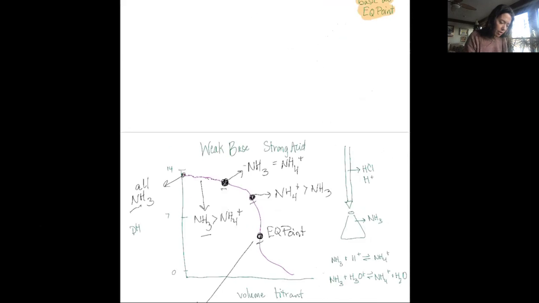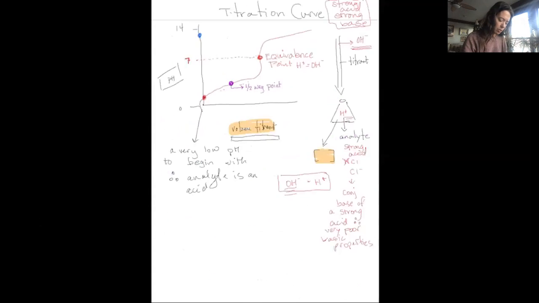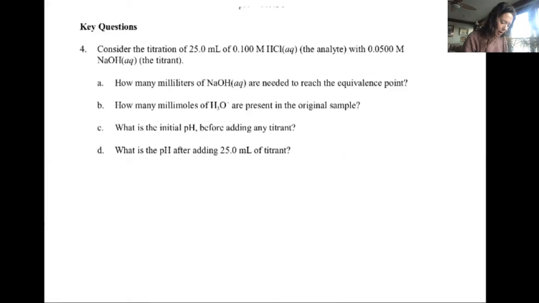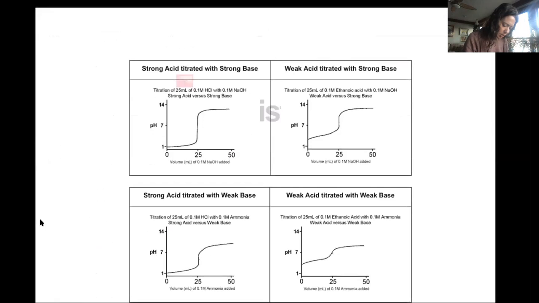So if the titration curve shows a pH at the equivalence point that is less than 7, then we know our situation must be a strong acid and a weak base, right? The weak base being the analyte. Okay? I think that's pretty good if you understand that. So go back up here. I put a lot of questions, and I love these questions, but I'm not going to look at those right now. This is all conceptual today.